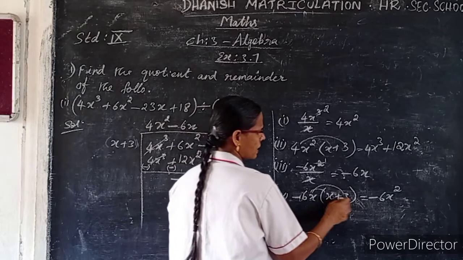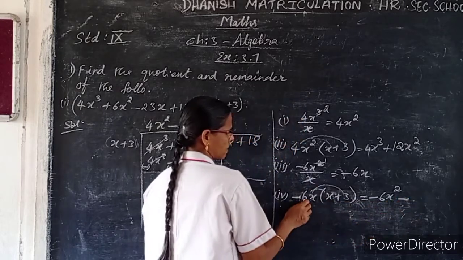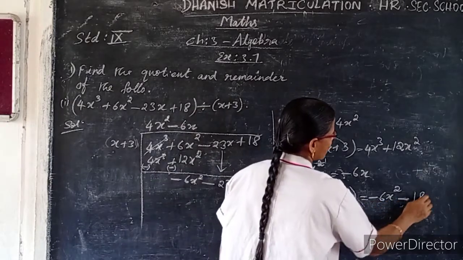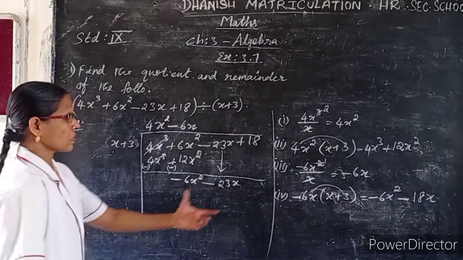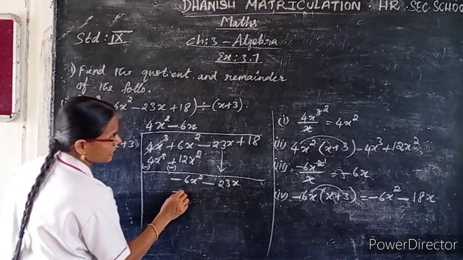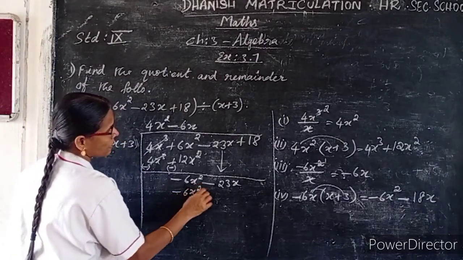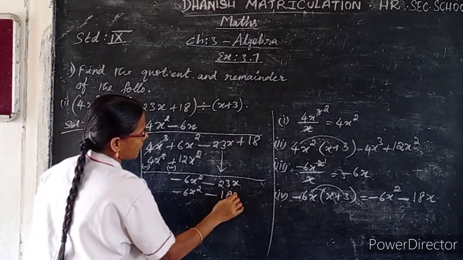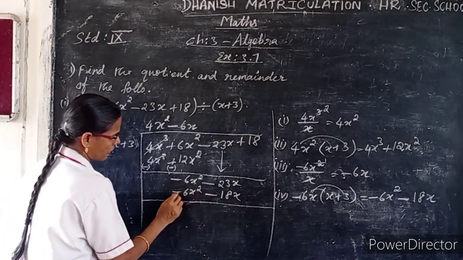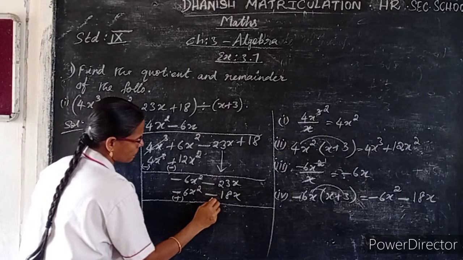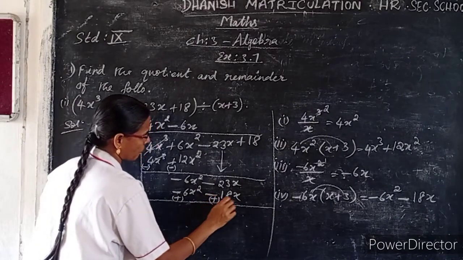Now minus into plus, minus 6 into 3, 18x. So write those two terms here: minus 6x square minus 18x. Now change the sign for this polynomial. Minus means plus, plus means minus, means plus.